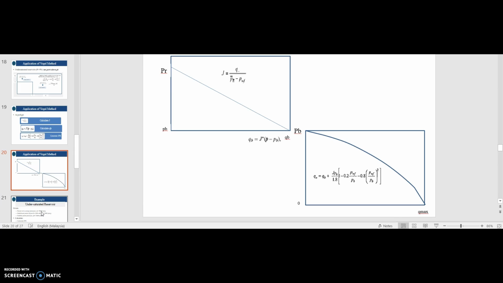So we'll get one single curve, but this curve is a combination of these two parts. The first part is for pressures above bubble point, that means for flow rates less than QB, the bubble point flow rate. And the second segment is for the saturated range of pressure, extending from QB to Qmax, for flow rates greater than QB.